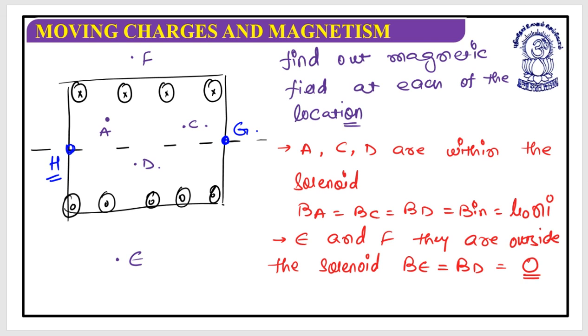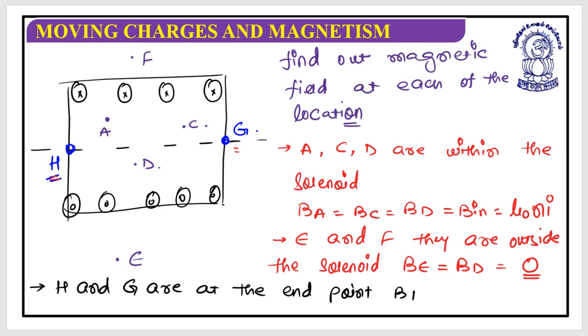Now these points H and G are very important. H and G are at the endpoints, and the magnetic field BH equals BG. It's half of the magnetic field which is lying inside. So please do remember this thing. Yes, even this can be proved, but that has not been asked ever. They only use it from the applications point of view.